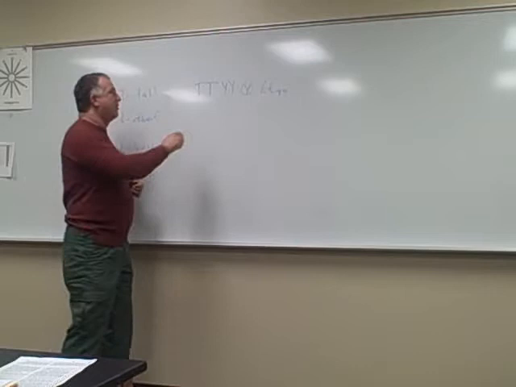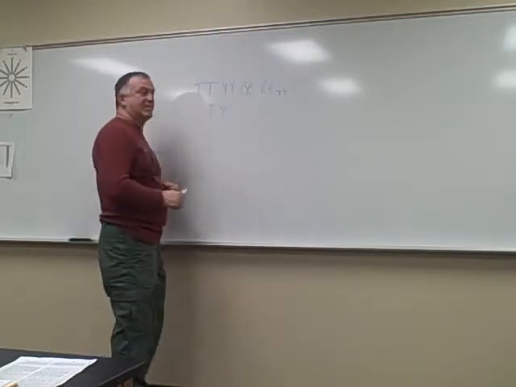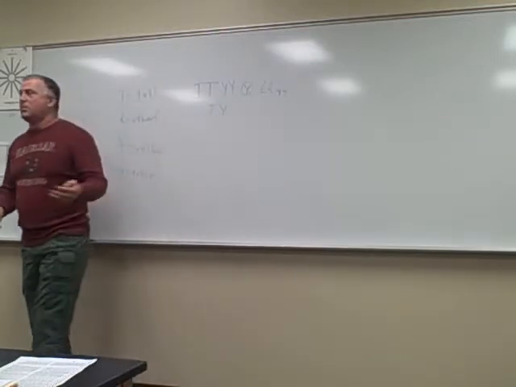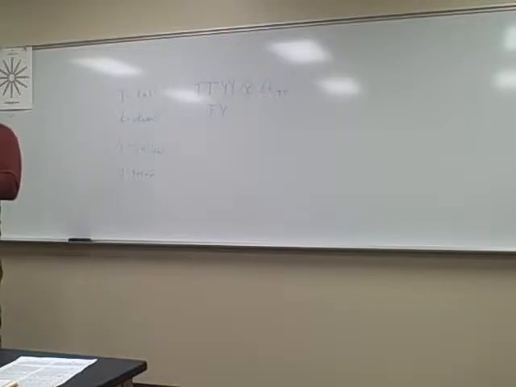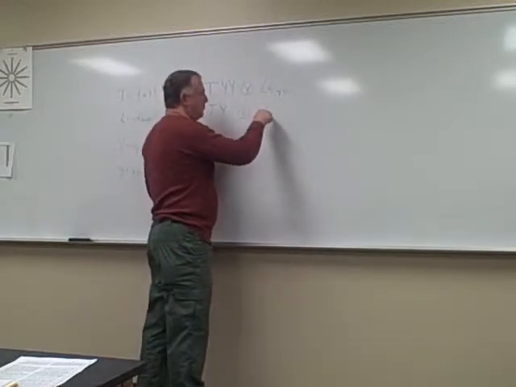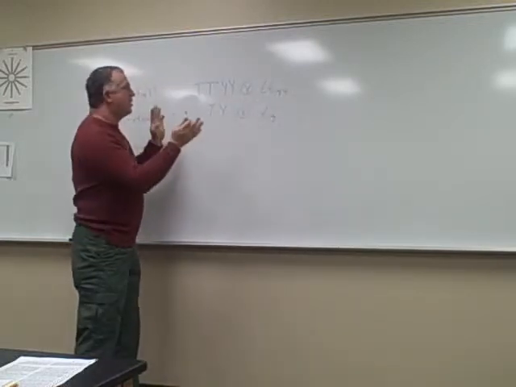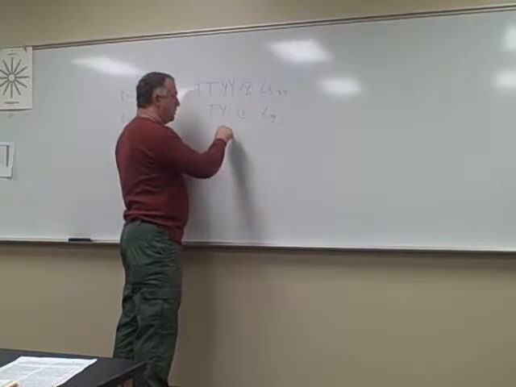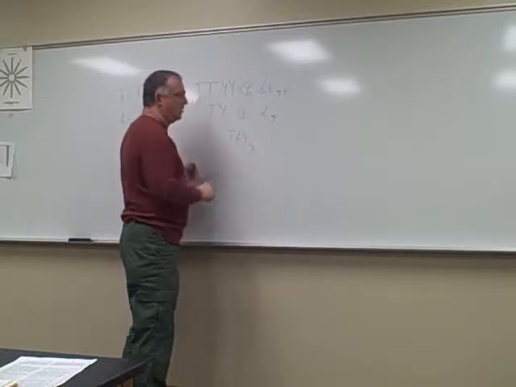Big T, big Y, and that's it. Everything else is repetitive, and if it's repetitive, there's no need of writing it down again. What about this parent? Little t, little y. That's it. So all the offspring from these two parents would be big T, little t, big Y, little y.